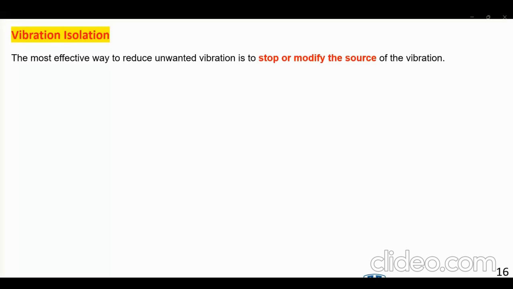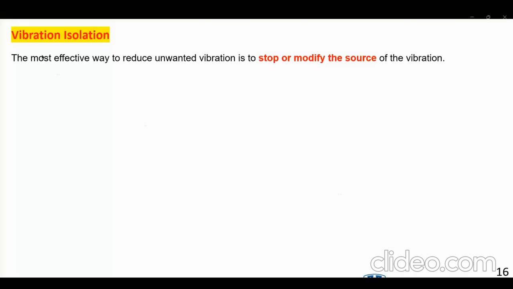Now, there are different ways of controlling the vibration. One of them is to actually stop it at the source. In other words, by changing the mass or the stiffness of the structure, we change the natural frequency, and therefore, like the previous case, we move that vertical line from 3.18 to the left.